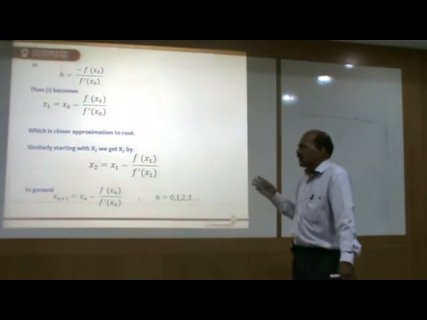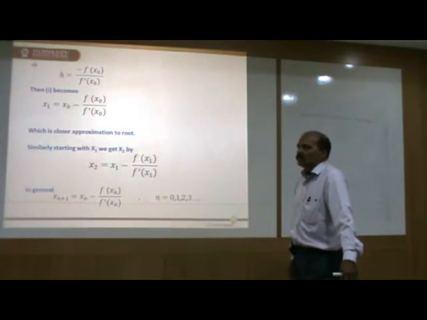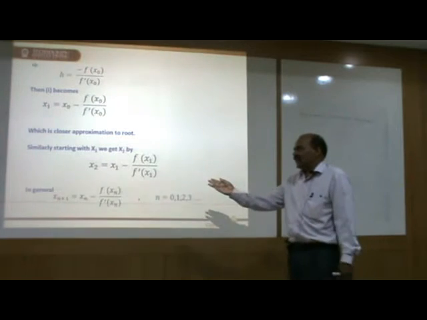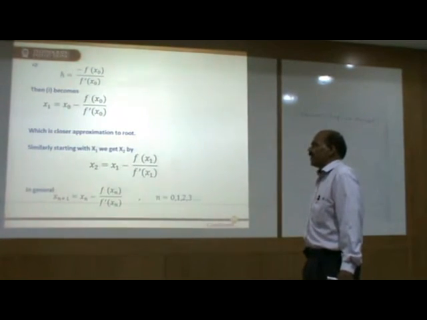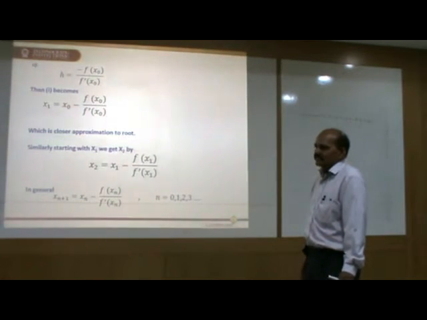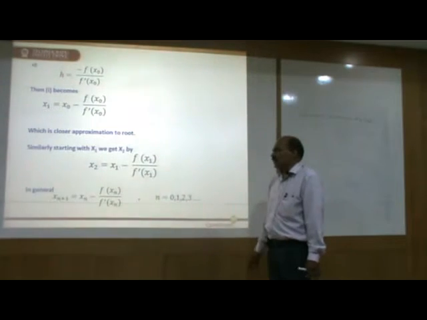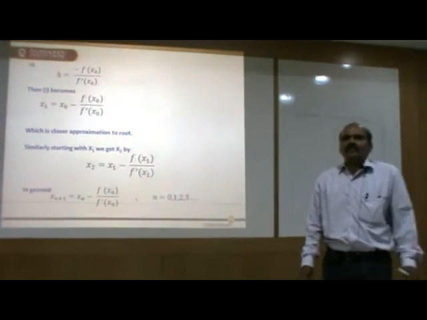Similarly, we can start from x1 and we shall get the next approximation x2 by repeating the same thing, and in general we can get xn plus 1 is equal to xn minus f of xn upon f dash xn. Now this can be used for finding the solution of any equation, whether it is transcendental or algebraic one.